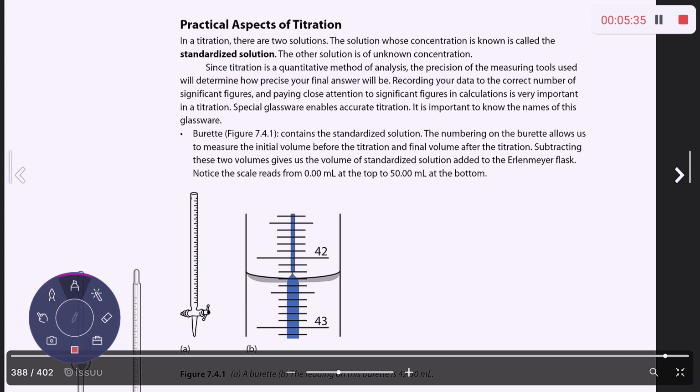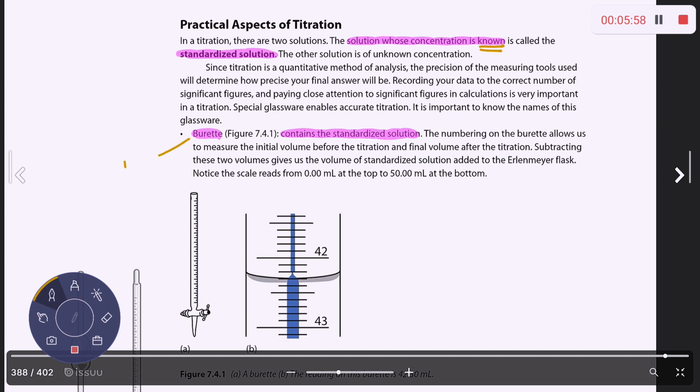So here it says that the solution whose concentration is known, this is called the standardized solution. That means the other one is the unknown, okay? And anytime you guys are using a burette, it typically contains the standardized solution.